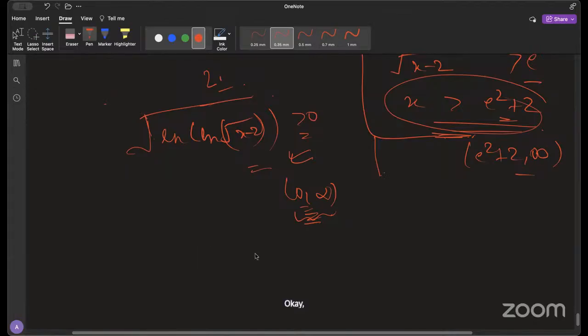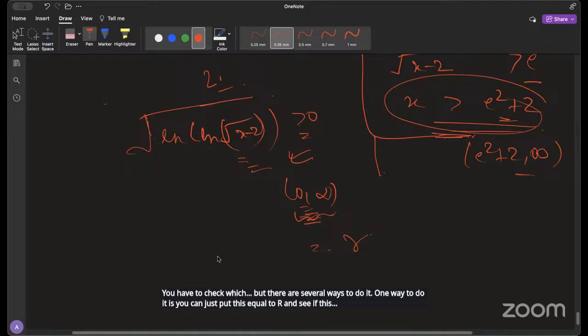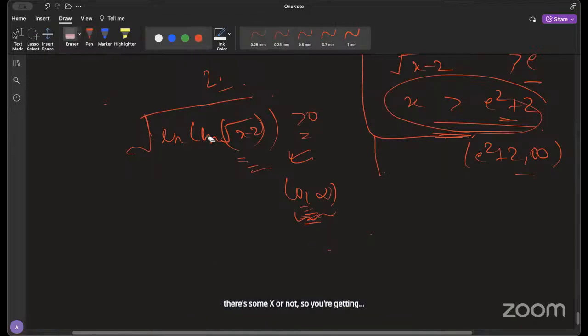Okay, let's just see what it is. This is a function, and if you just look at it, it's from 0. You have to check which, but there are several ways to do it. One way is you can just put this equal to r and see if there's some x or not. So equate this thing to r. You get natural log of square root of x minus 2 equals r square.